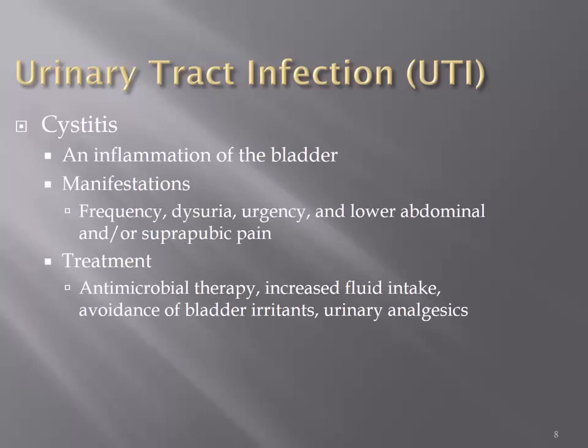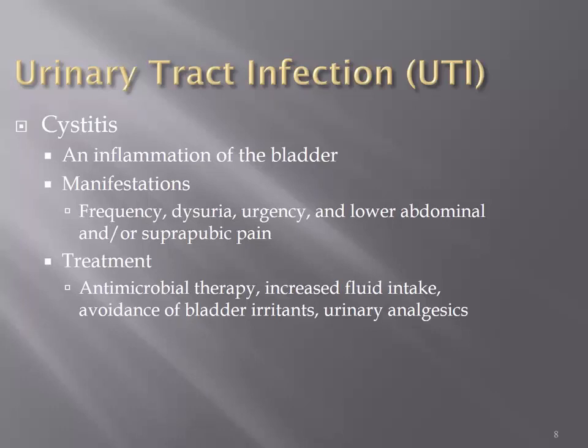Cystitis is an inflammation of the bladder. Again, manifestations are very close to just lower urinary tract infection: frequency, dysuria, urgency, and here you're having a manifestation of lower abdominal and/or suprapubic pain.